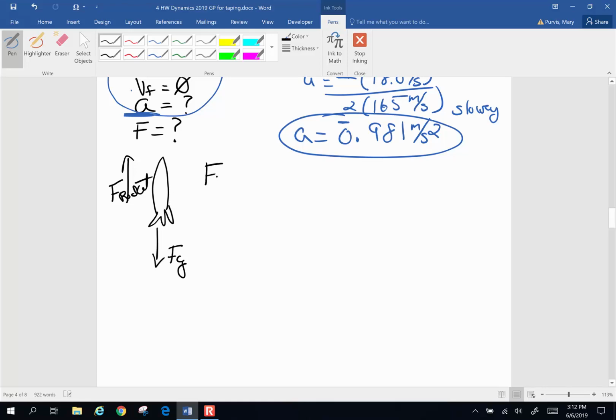So remember, that's the net force that is going to make the mass accelerate. And my net force in this situation is going to be force of the rocket upward minus the force of gravity downward, which is going to make the rocket accelerate.